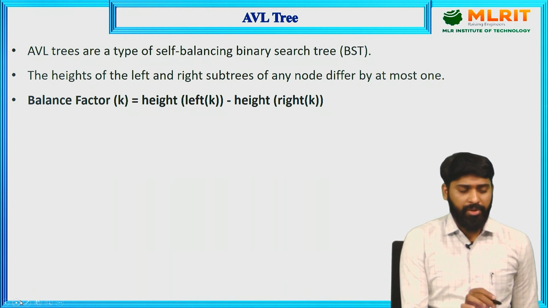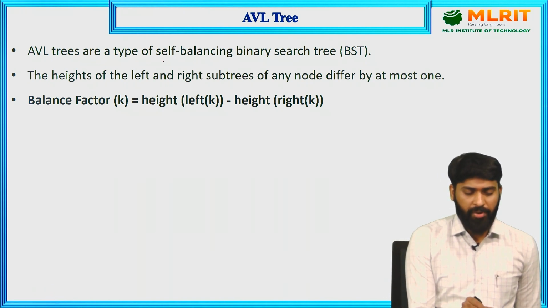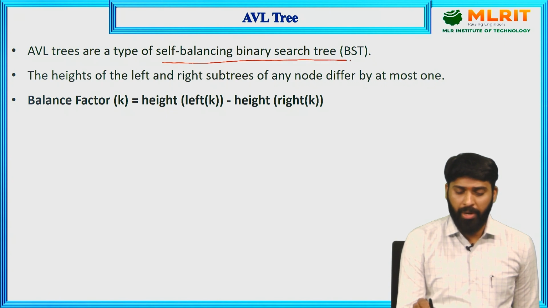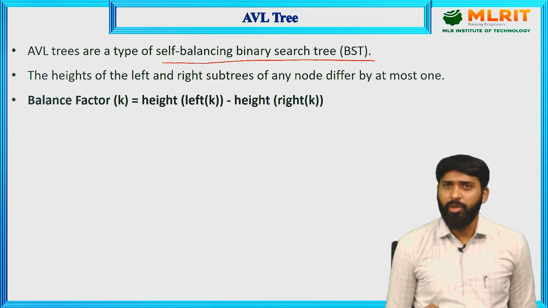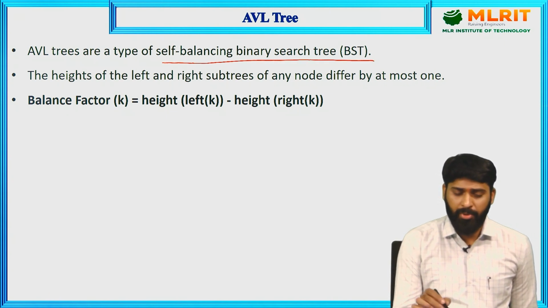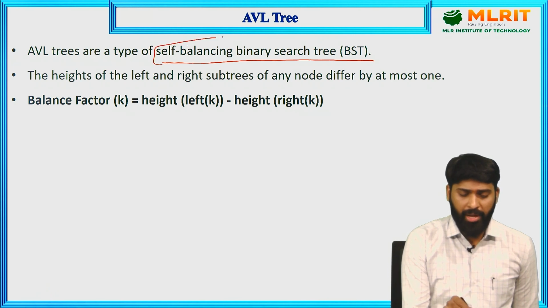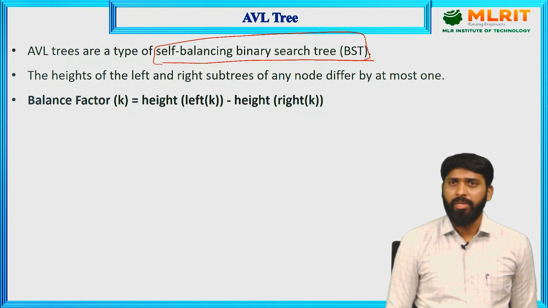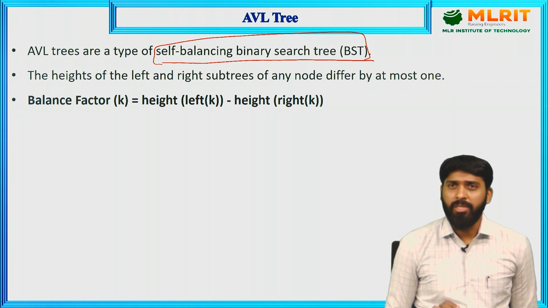AVL trees are a type of self-balancing binary search tree. In our previous class, we discussed what a self-balancing binary search tree is. Binary search tree means the left child is always less than or equal to the root and the right child is always greater than the root node.